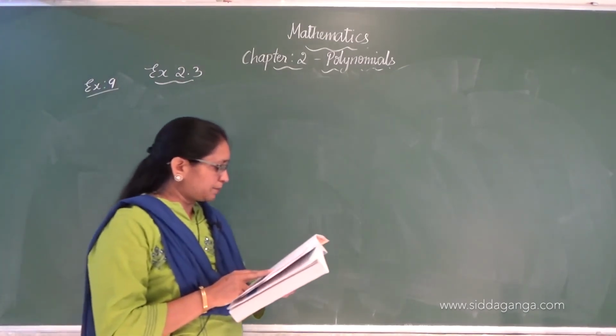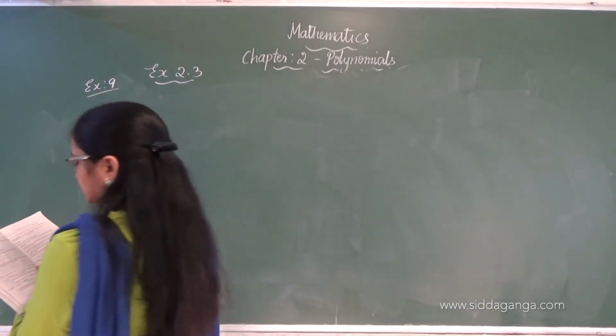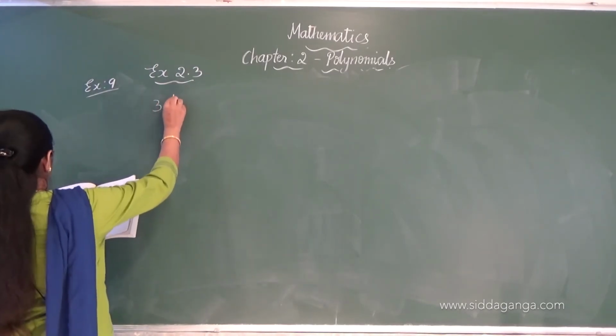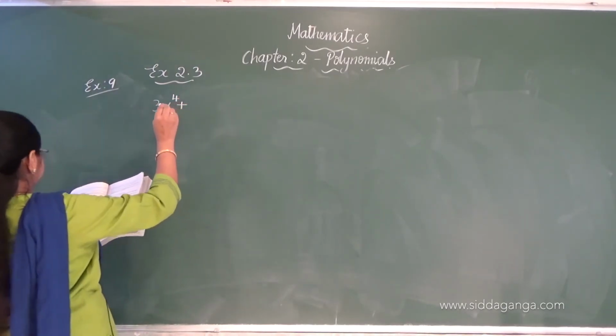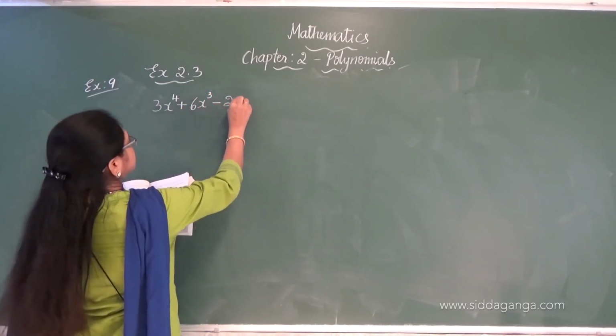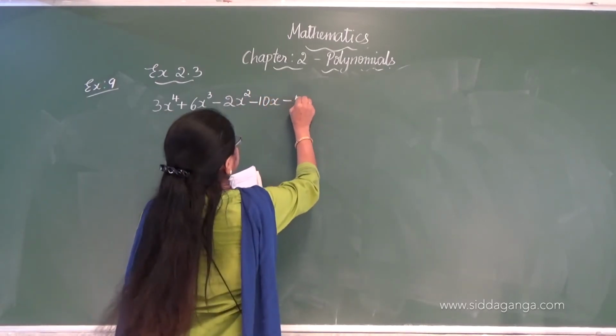Now the third one: obtain all the other zeros of 3x⁴ + 6x³ - 2x² - 10x - 5.